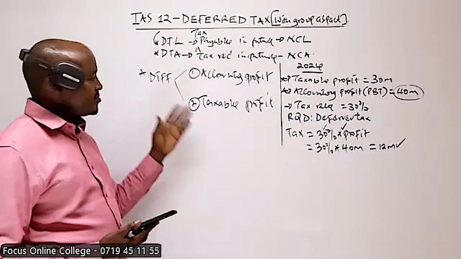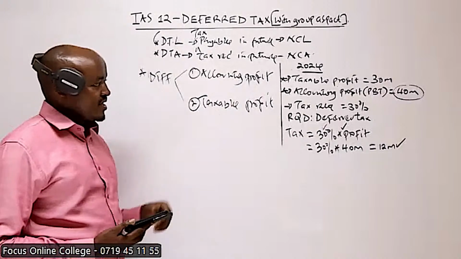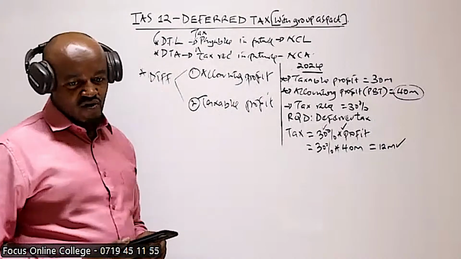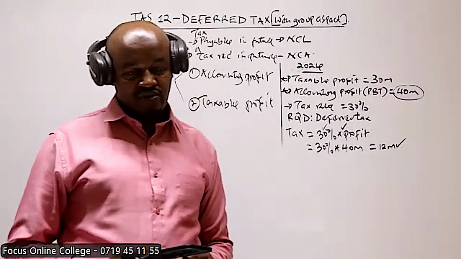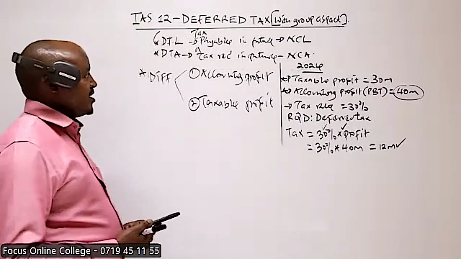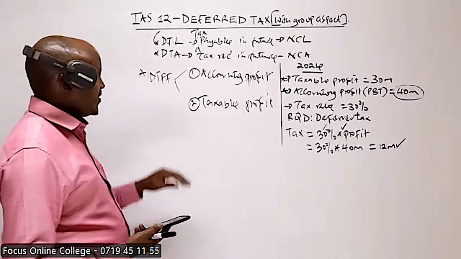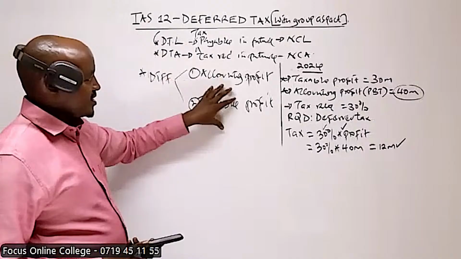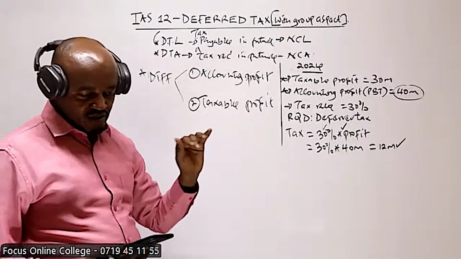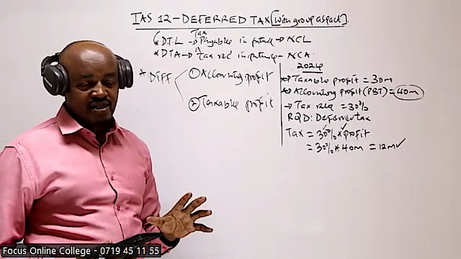Now, on the other hand, we have said a deferred tax arises as a result of the difference between the accounting profit and the taxable profit. If these two profits are different, that gives rise to deferred tax. The taxable profit is a profit which is computed by the company based on the existing tax laws.